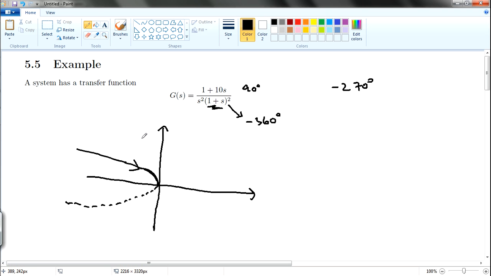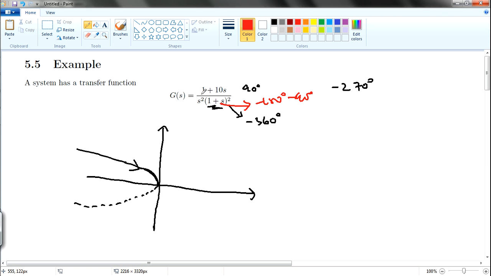And then one thing to take note, because as you can see, this is 1 over s squared, right? So it actually flips the whole graph by 90 degrees. And then because this is the double lag, if you were to take, in this case, this is minus 180 degrees plus 0, which is 90 degrees.